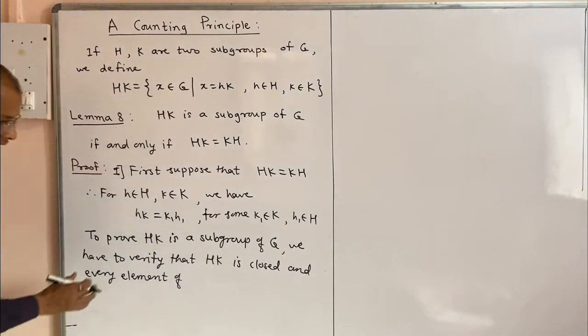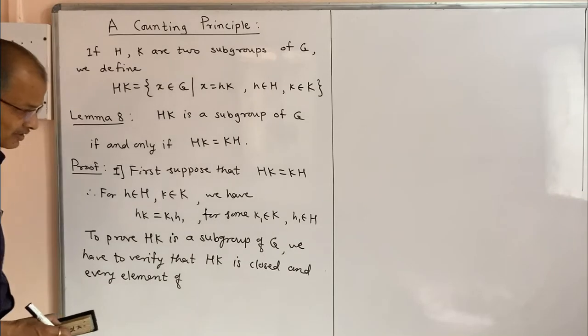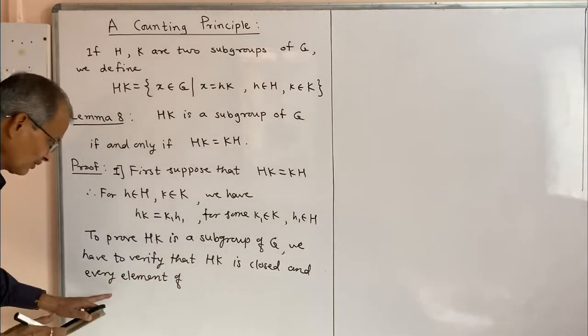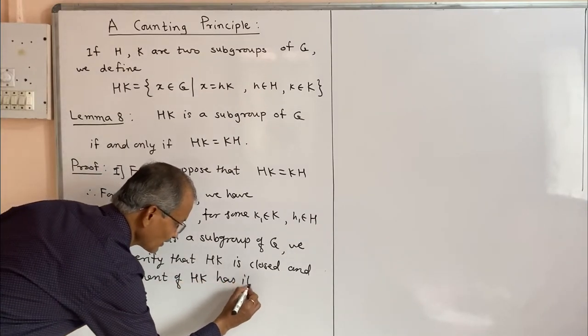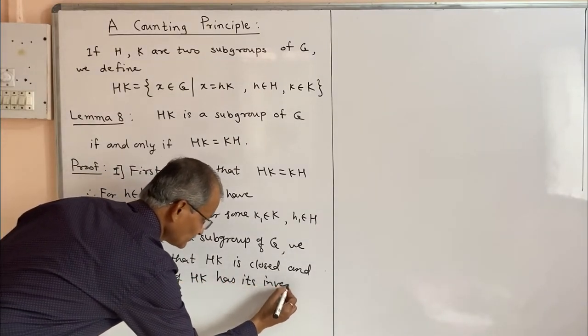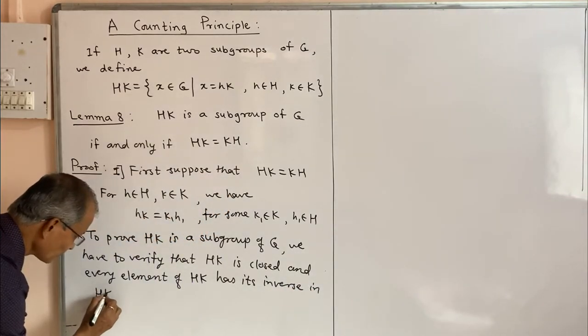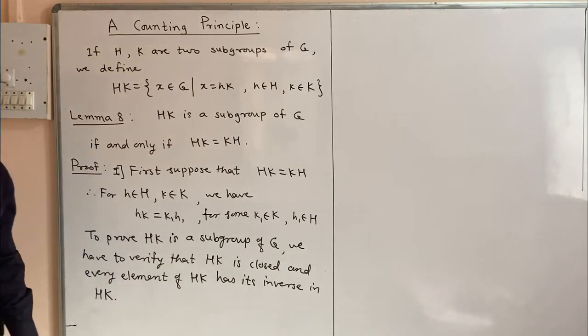So this is the criteria for a subgroup. When a set is said to be a subgroup, it is closed and inverses exist. So HK is closed and every element of HK has its inverse in HK. Then HK will be a subgroup. These two are necessary conditions for a subgroup.